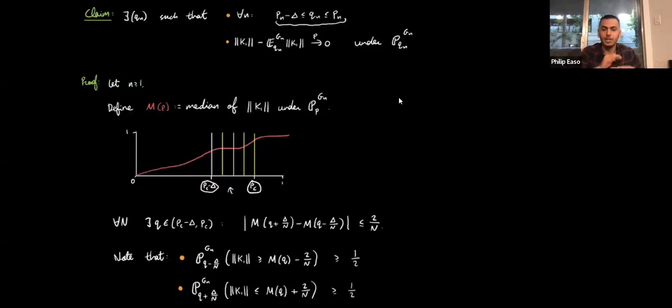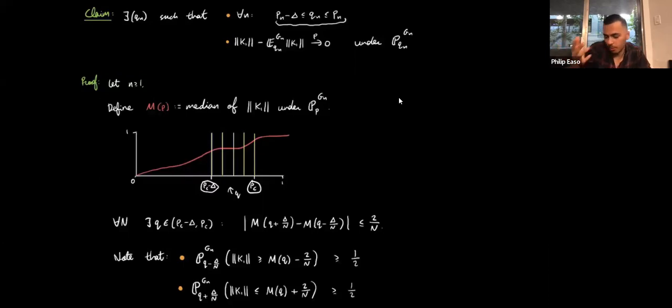Here is a totally elementary fact, and it's just the pigeonhole principle: if I give you any n, you can find some parameter Q in this region such that if you look at Q plus delta over n and Q minus delta over n, the median doesn't increase by more than 2 over n.